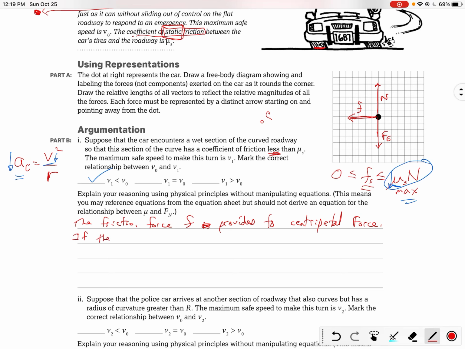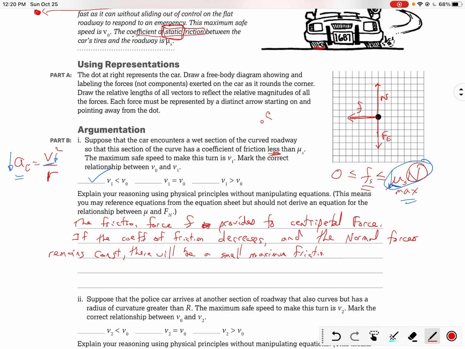If the coefficient of friction decreases, and obviously we want to refer to this N because it's related to that too, and the normal force remains constant, then there will be a smaller maximum frictional force.